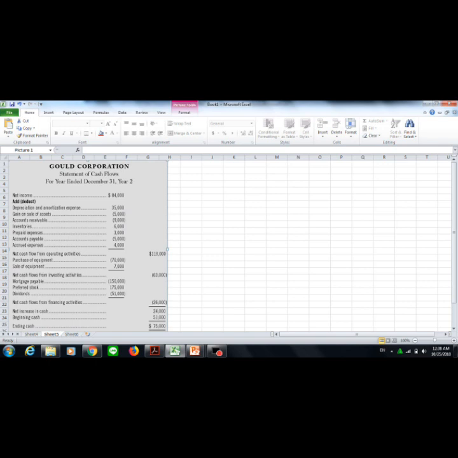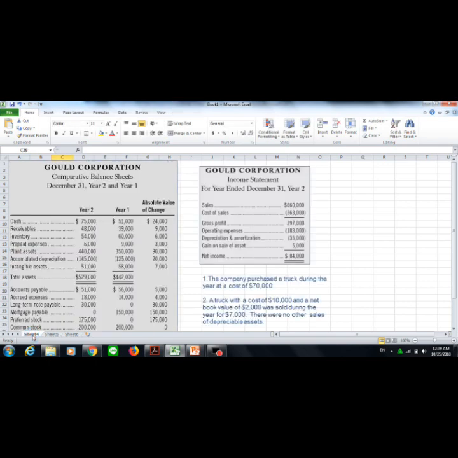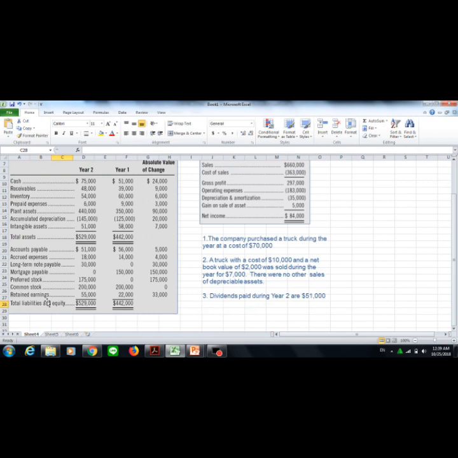We minus it. Because that is how it works. For the non-cash asset, if they are increasing, we need to minus it. But if they are decreased, we have to plus it in statement of cash flow.